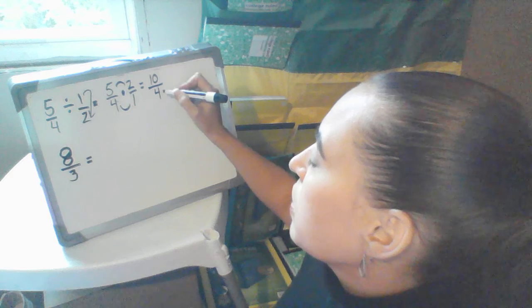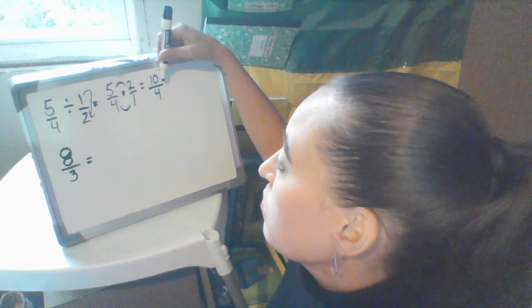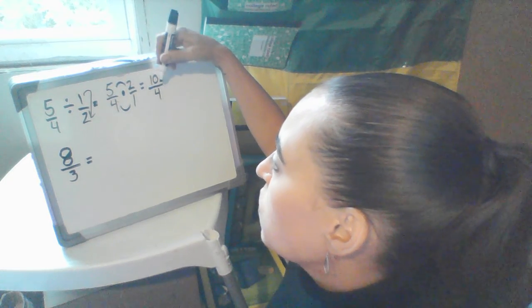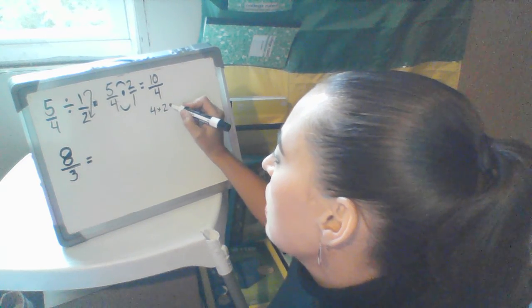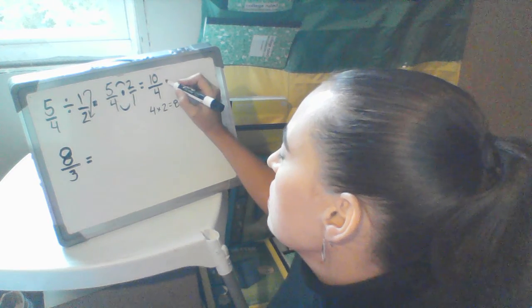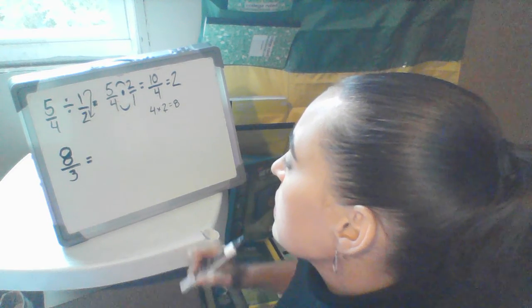You know this is an improper fraction because your numerator is bigger than your denominator, indicating that the number is greater than 1. So now I say to myself, how many times does 4 go into 10? 4 goes into 10 two times because 4 times 2 is 8. So it goes in 2 whole times.